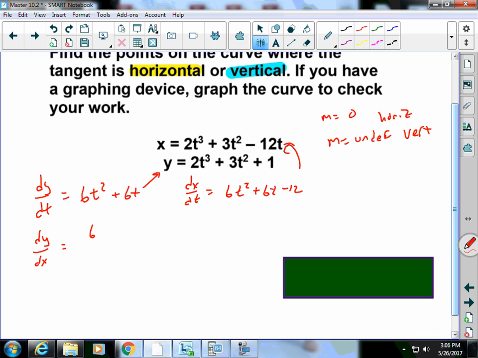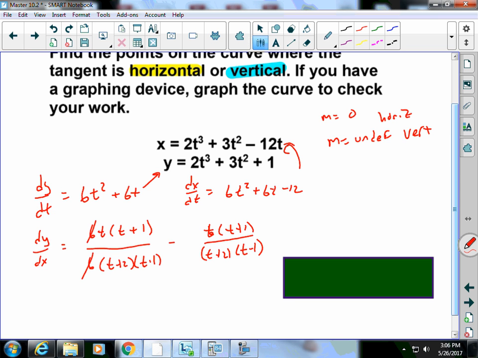So 6t times (t plus 1) all over 6 times, I'm going to just factor it, (t plus 2)(t minus 1). These 6's cancel. T times (t plus 1) all over (t plus 2) times (t minus 1).